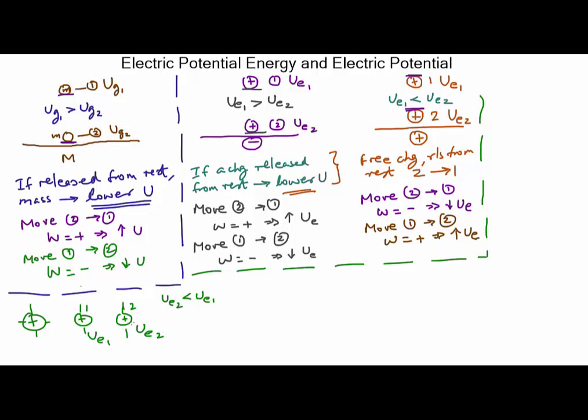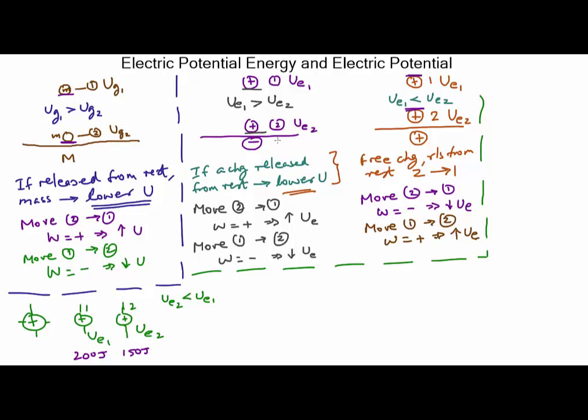Let's give it some values. You know that potential energy is a type of energy, and so the SI units for it are joules. And so let me say that the potential energy at this point 1 is 200 joules, and at point 2 is 150 joules.